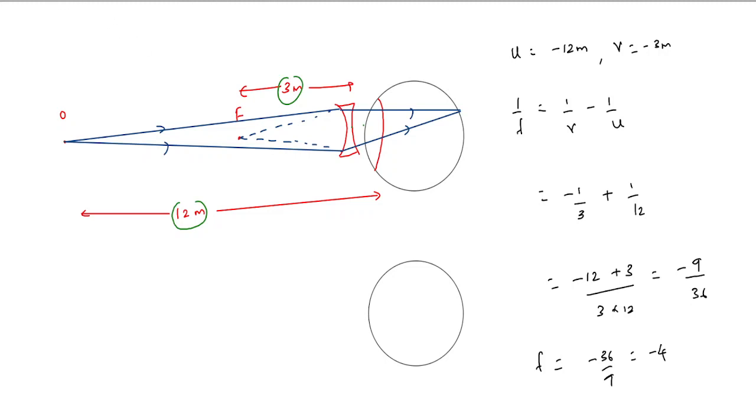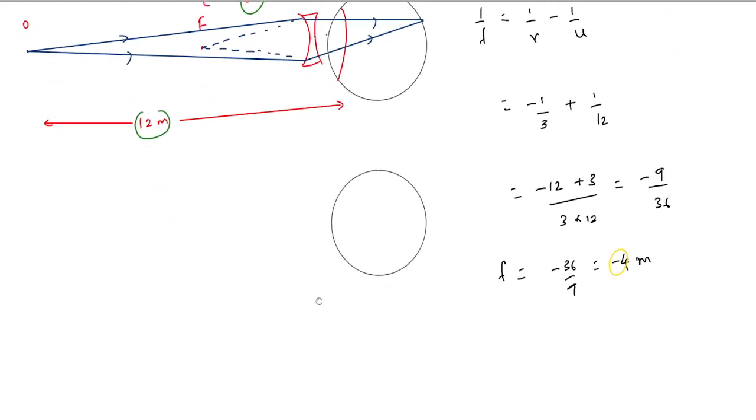In this case both u and v were in meter, therefore this would be in meter only, so it is minus 4 meter. Observe here that the focal length is negative, which means it is a concave lens.